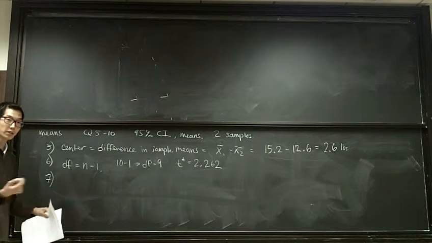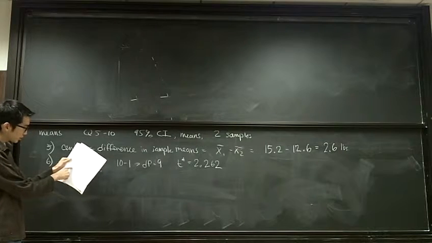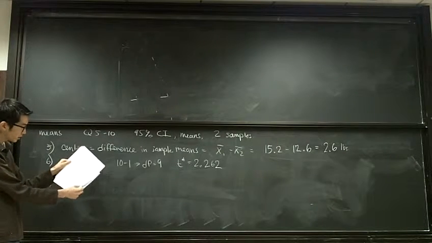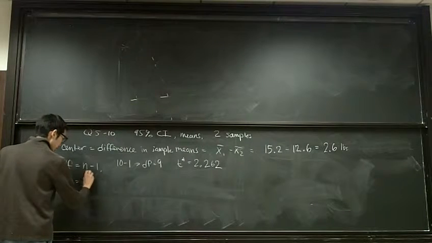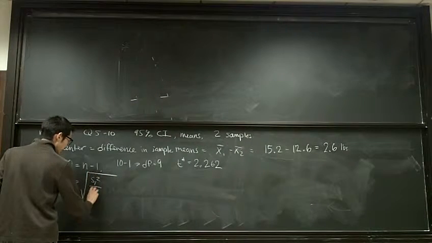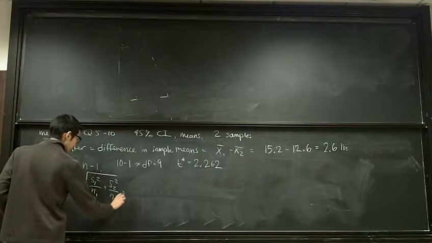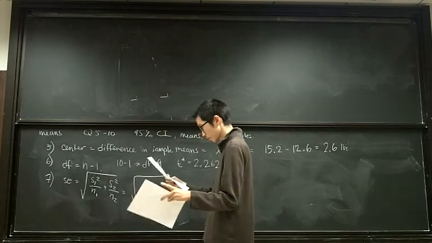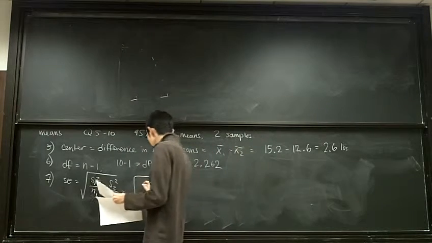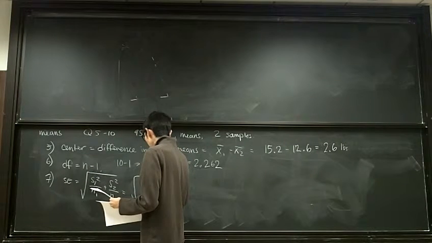Okay. So standard error, and you can check along your study guide for 2 sample means, confidence intervals, standard error. It's the square root of s1 squared over n1 plus s2 squared over n2. So in this case, for diet 1, my s1 is 4.1.